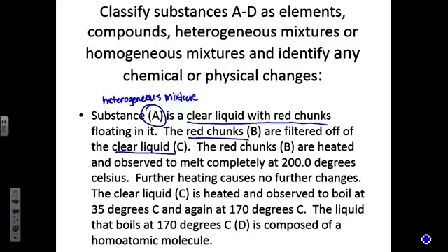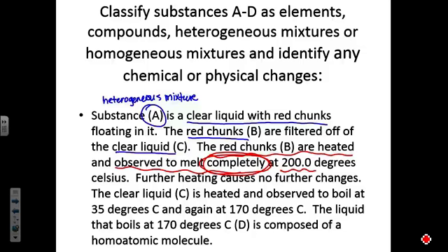Then we have these red chunks, and it tells us that the red chunks are heated and they melt completely at one temperature. And that's giving me some hints. It's telling me that I only have one substance present, which means that B cannot be a homogeneous mixture or a heterogeneous mixture. Only one melting point means only one substance.